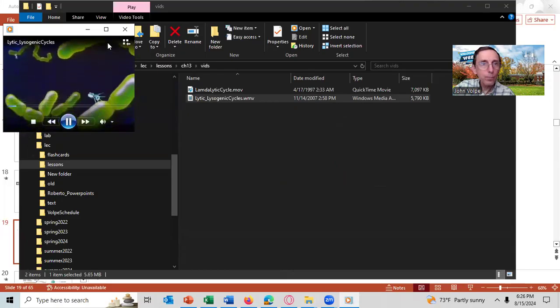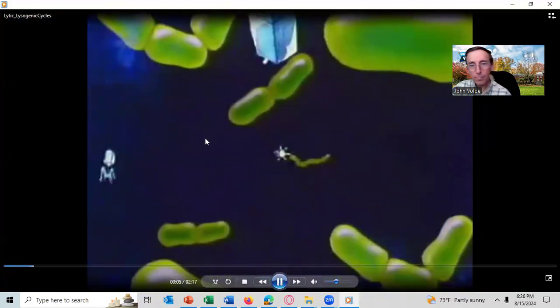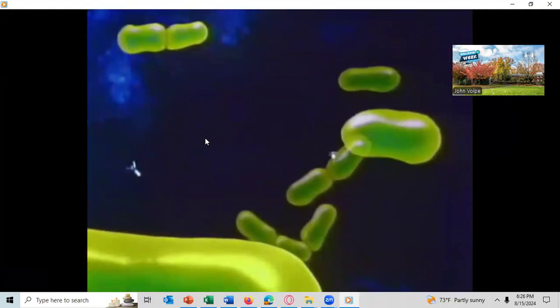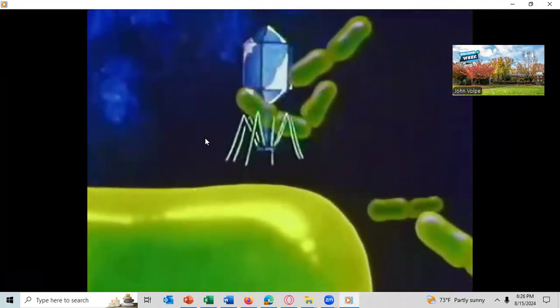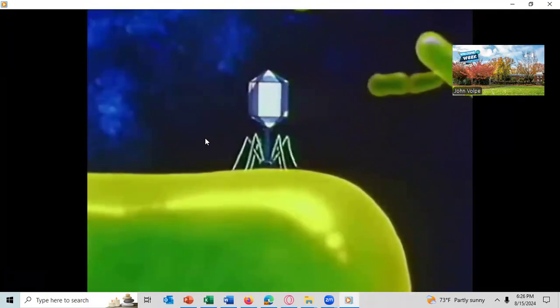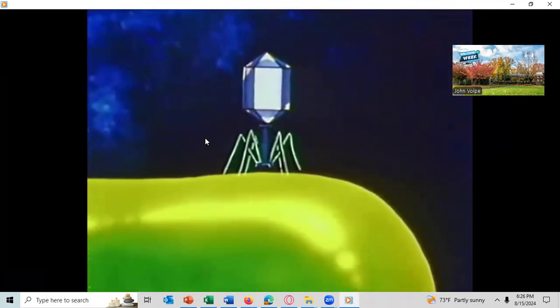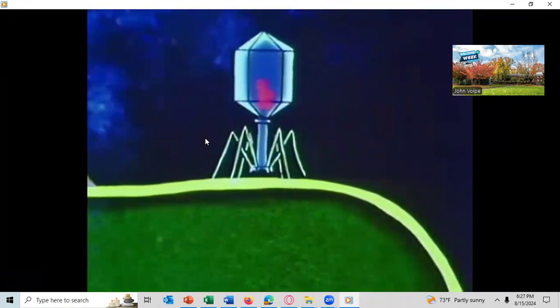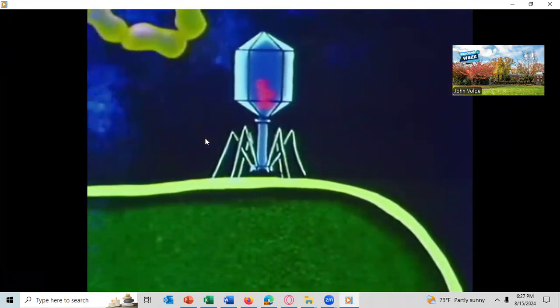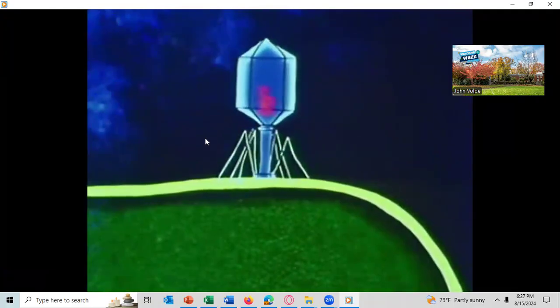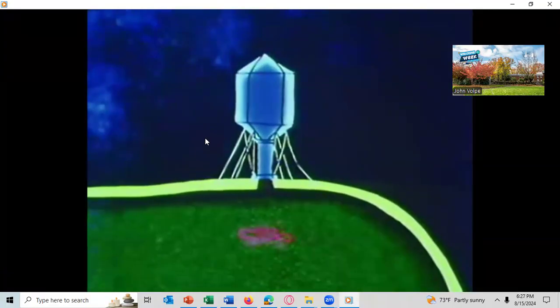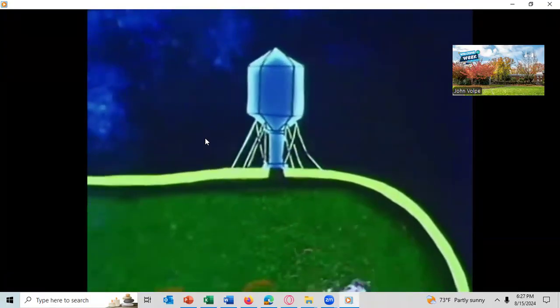A virus is a parasite. It attacks the host cell and takes over its chemical machinery for making proteins and nucleic acids. One of the better understood virus life cycles is phage, a virus which attacks bacteria cells. The phage begins its assault, attaching itself to the cell wall of the bacteria. This attachment is very specific, and each type of phage can only attach to a certain type of bacteria. Next, phage breaks down the cell wall, and the nucleic acid from this capsule is injected through the hollow tail into the cell.